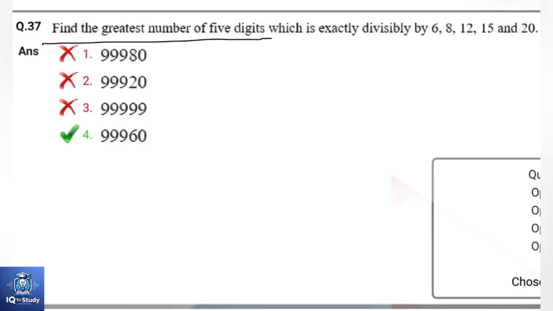Find the greatest number of 5 digits which is exactly divisible by 6, 8, 12, 15 and 20.